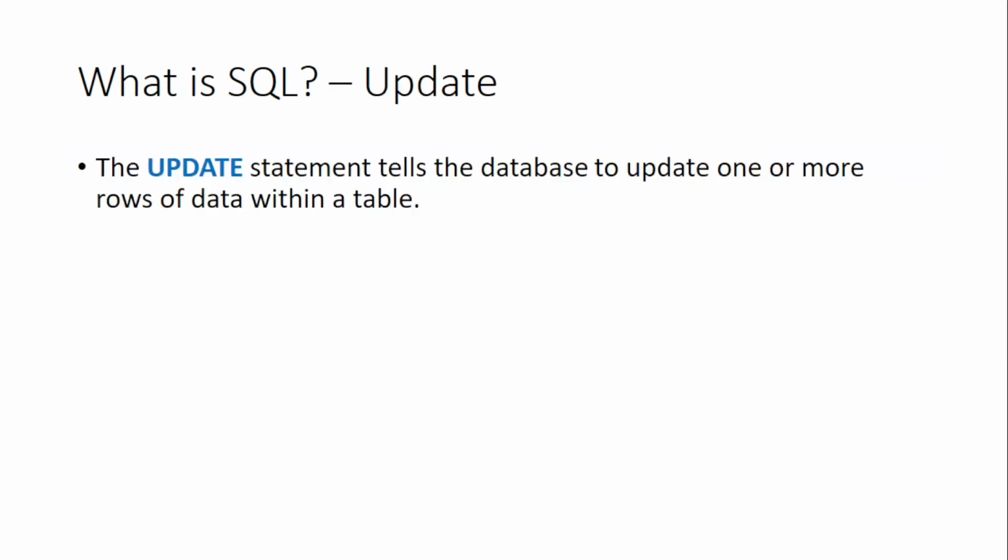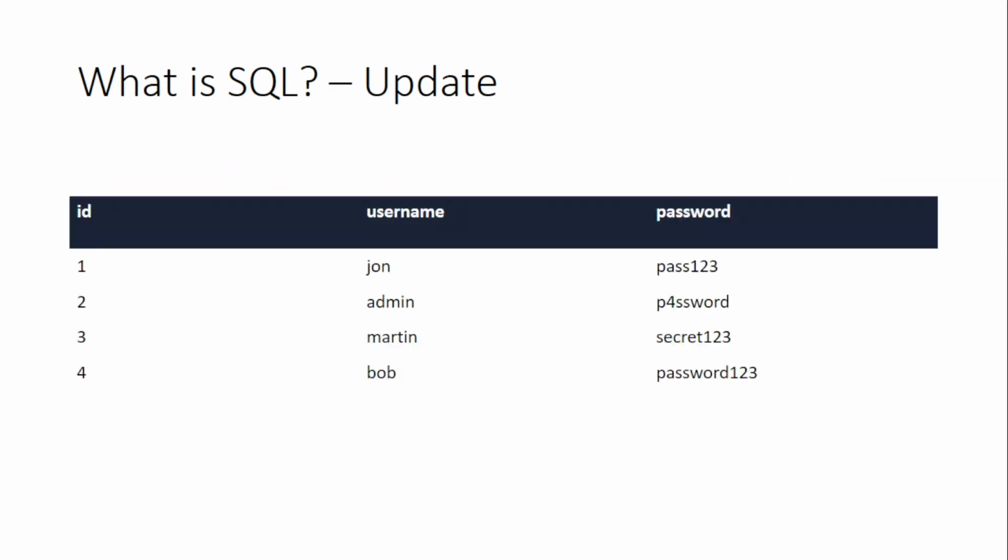While the update statement tells the database to update one or more rows of data within a table. So if we get this table and we ask for this: update users set username root, password pass123 where username equal admin, it tells the database to update first the table users, then select the fields that we wish to update, and we separate them by comma.